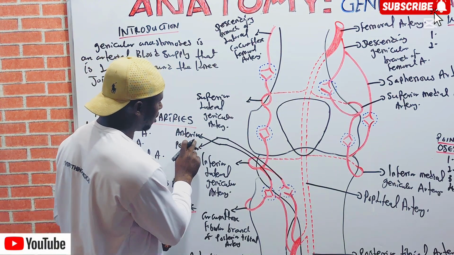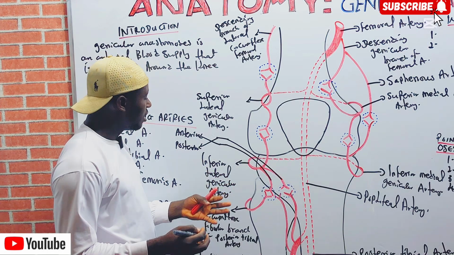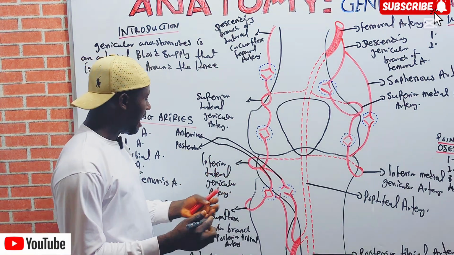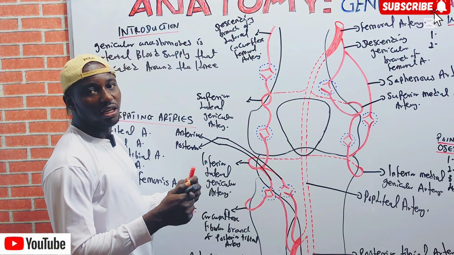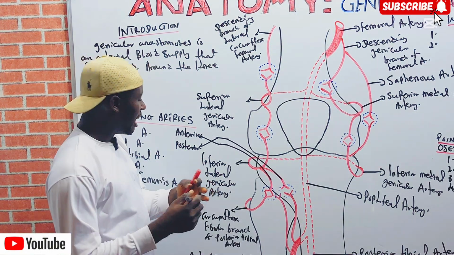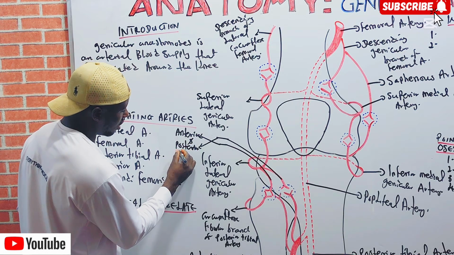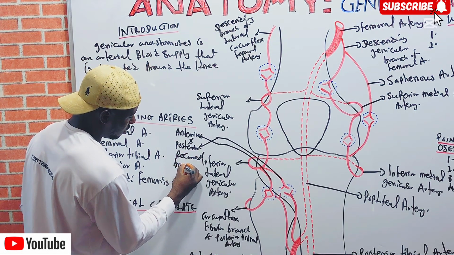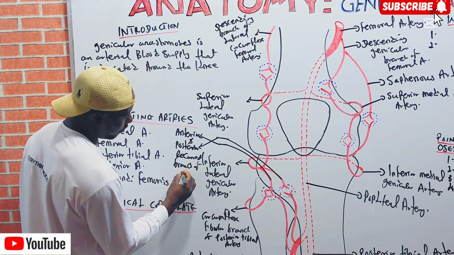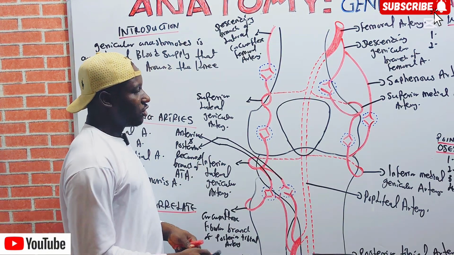So this is the anterior recurrent branch of the anterior tibial artery. You get? And this is the posterior recurrent branch of the anterior tibial artery. So the anterior and posterior recurrent branches of the anterior tibial artery.